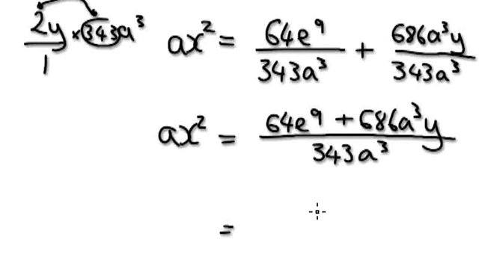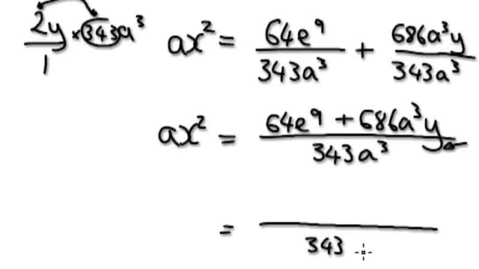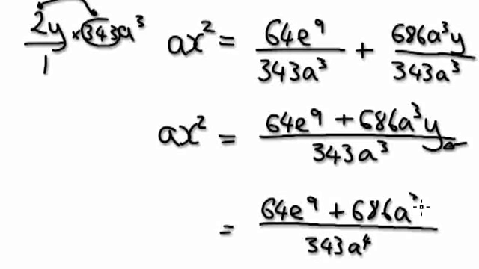Now we can divide easily. So divide both sides by a. Remember, when you divide by a, it gets multiplied to the bottom. So it will be 343a to the power of 4. Okay, this will be 64e^9 plus 686a to the power of 3 y. And on this side is just x squared.